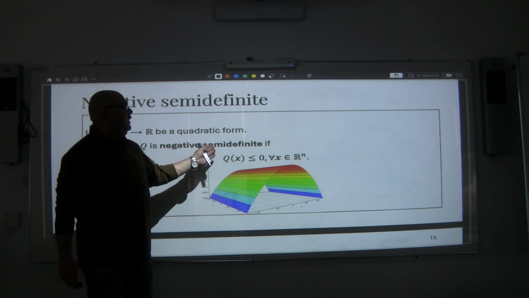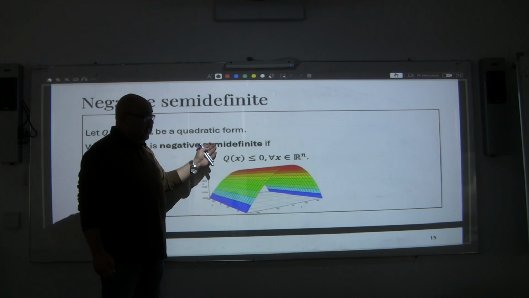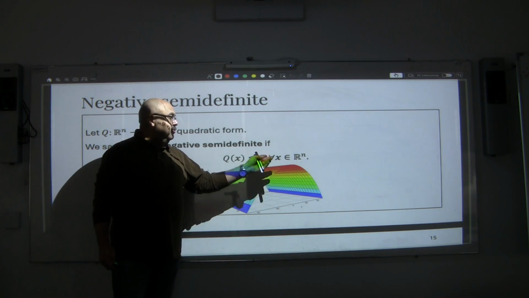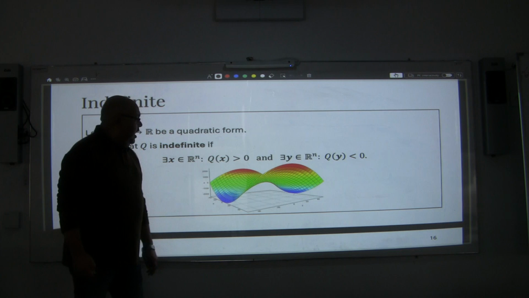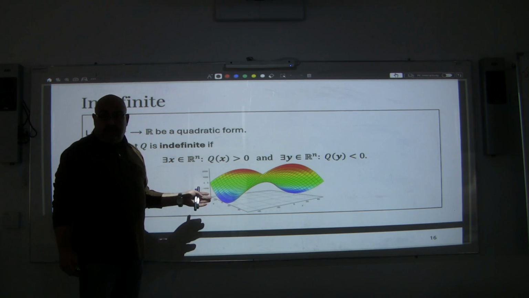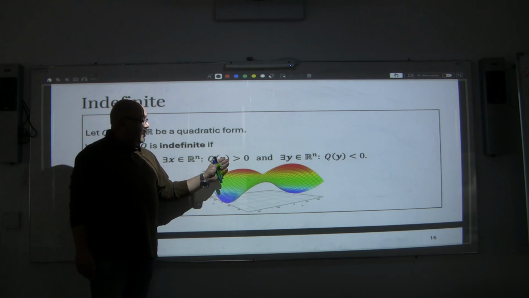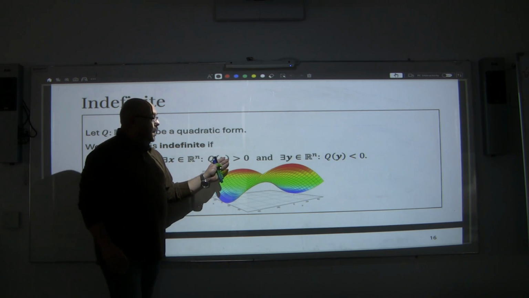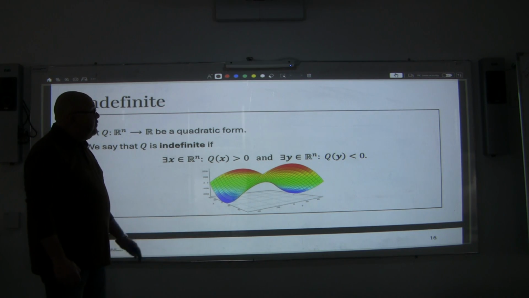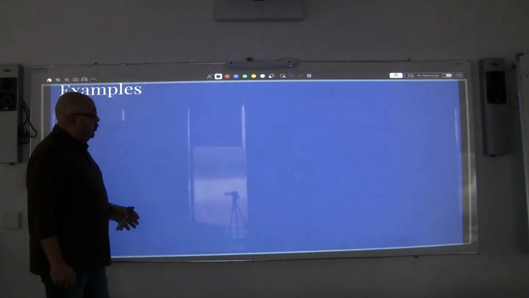Or the negative semi-definite quadratic forms, which happen when q of x is less than or equal to 0 for every x that belongs to Rn. Or the indefinite, or the saddle, as they sometimes call it, where q of x is greater than 0 for some points and q of y is less than 0 for the others. And that's what is called the indefinite quadratic form.